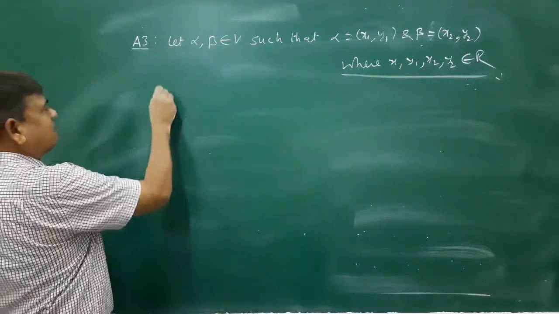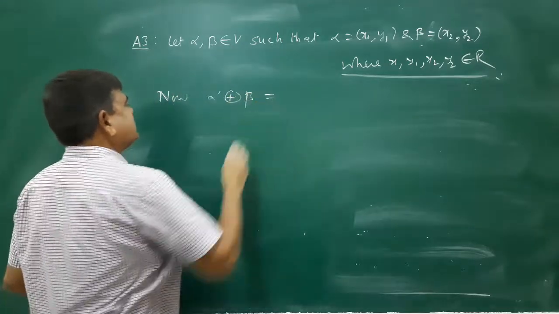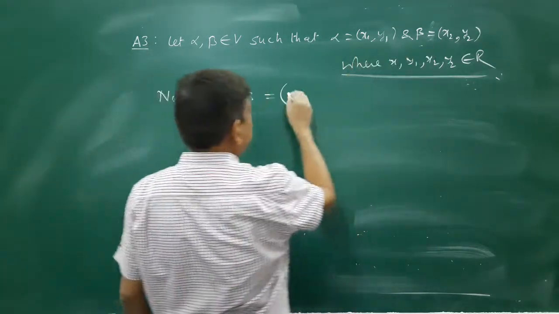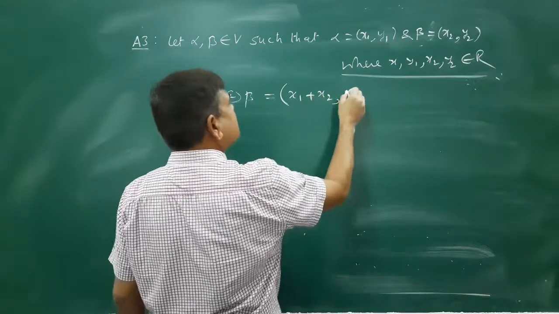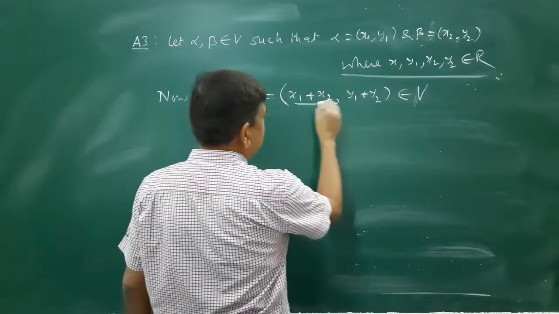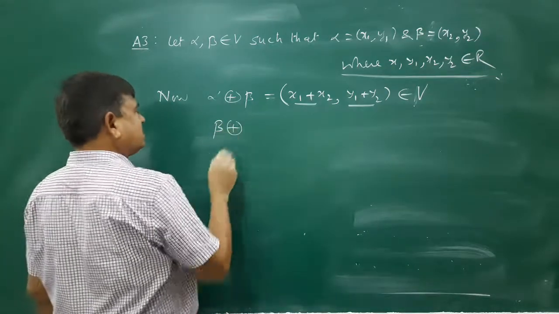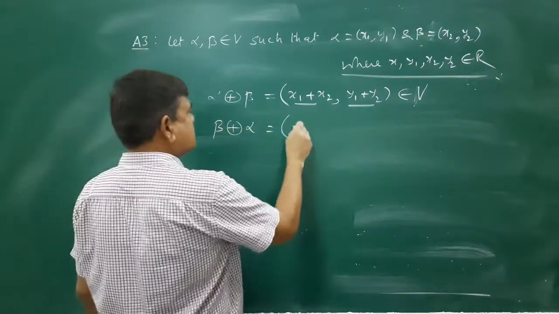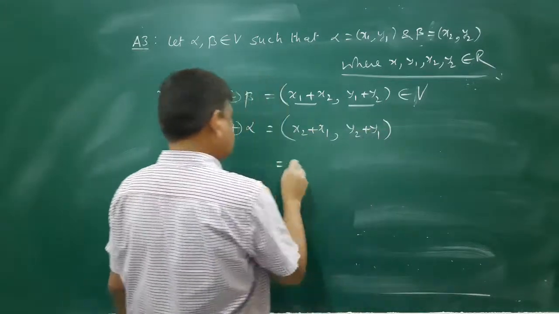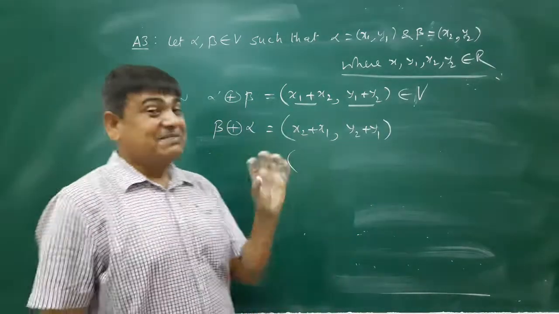Okay. Now realize the result as usual. So you know the sum x1 plus x2, y1 plus y2, and you know that this is a member of V. A real number is a real number. Sum of two real numbers.